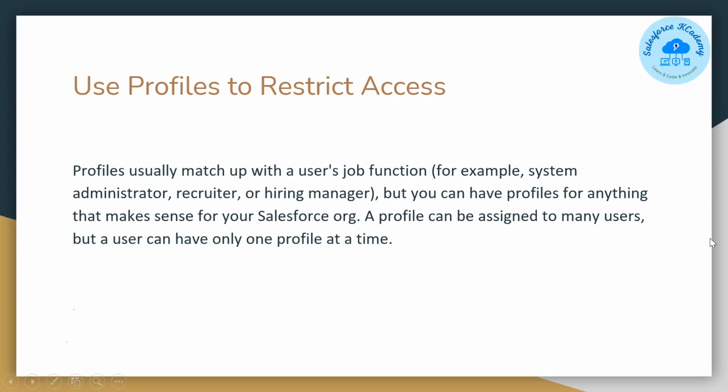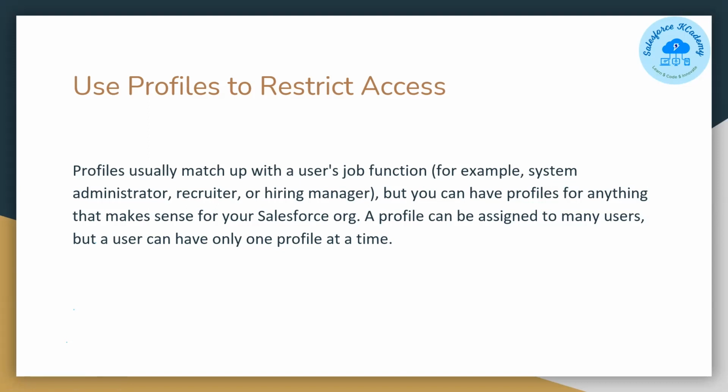Some parents are enrolling students for one course, and some for a different course. So for each course you can create a profile. It's up to you. There is no rule that a particular job function needs to be considered while creating the profile.